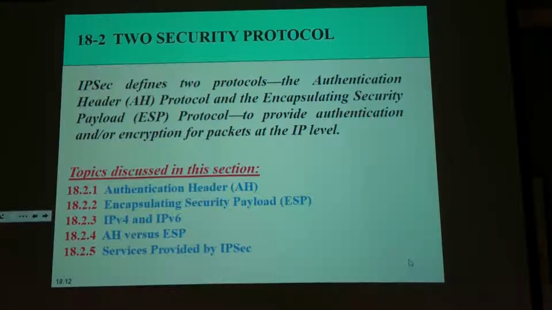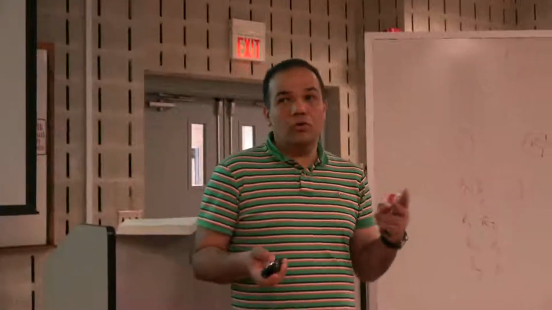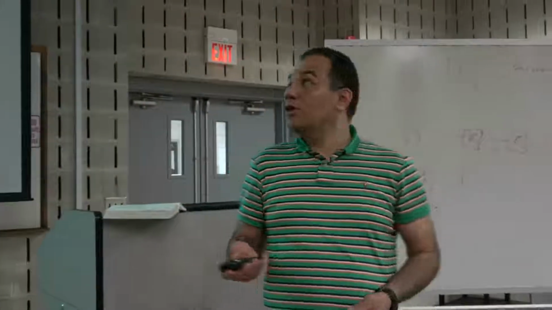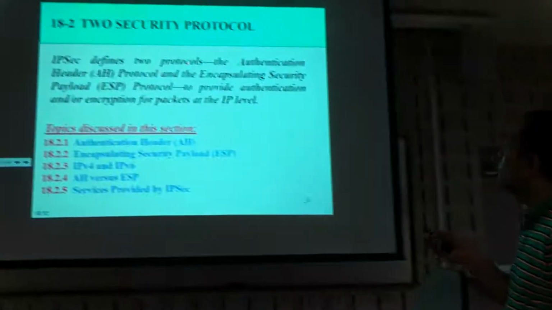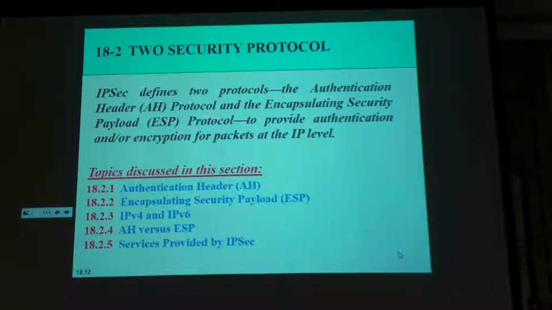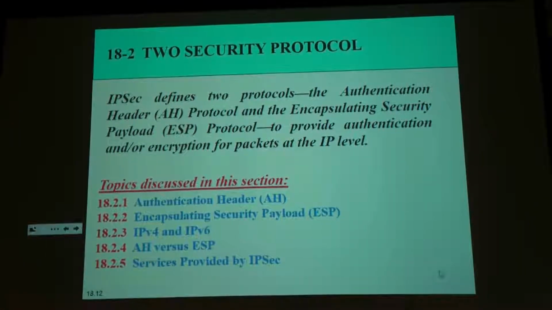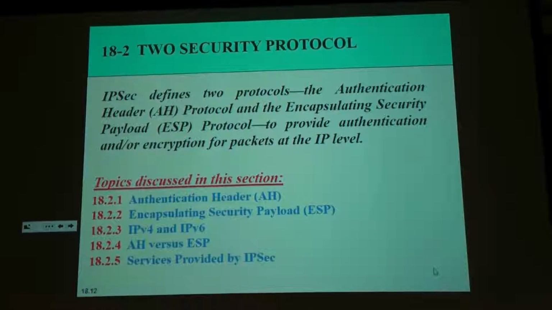So two security protocols. So how many modes we have? Two, transport and tunnel. Okay, now there's two security protocols. So IPsec defines two protocols: the authentication header (AH) protocol and the encapsulation security payload (ESP).